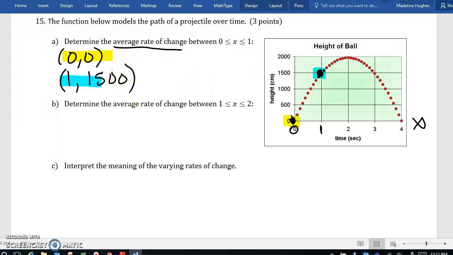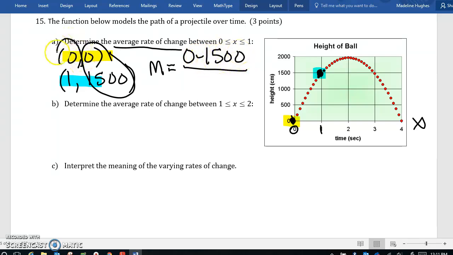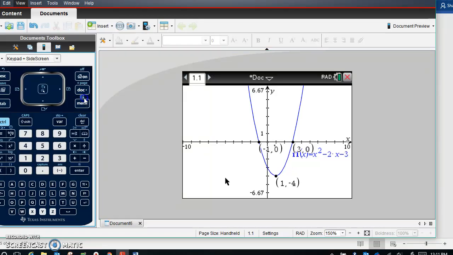Okay, so to find our m, the average rate of change, we do the change in y's on top, which is 0 minus 1,500, over the x's, which is 0 minus 1. And we can put that right into our calculator.